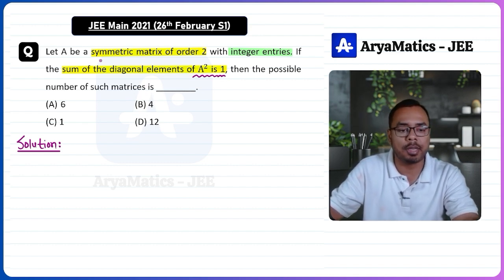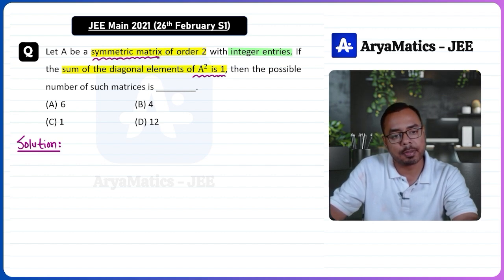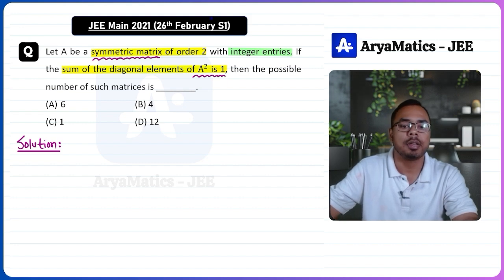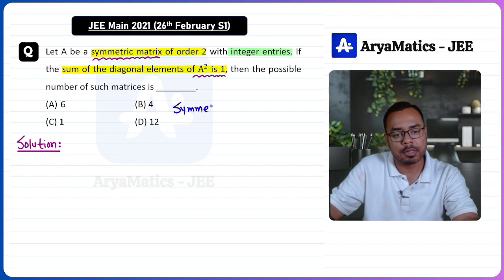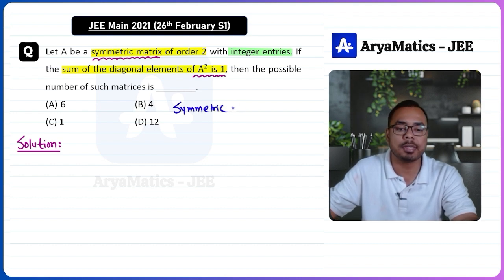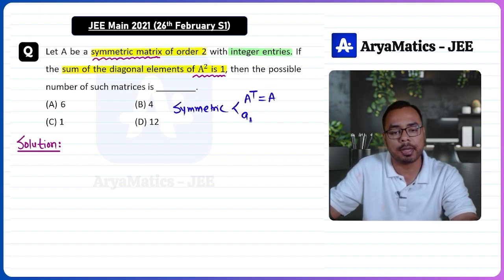Now in this problem, the keywords are that A is a 2 cross 2 symmetric matrix with integer entries. Now remember that in case of symmetric matrix, the definition of symmetric matrix is that A transpose is same as A. And another way of saying the same thing will be that element in ith row, jth column is same as element in jth row, ith column.